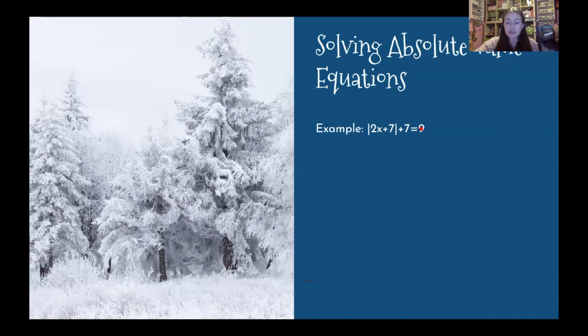So first thing you would do is subtract 7, or if it was multiplied or divided, you would do the opposite operations to get it to the other side. So treat this as x for now. So x plus 7 equals 9. Then you would subtract 7, so that would be x equals 2, and then you would go back to 2x plus 7 equals 2.